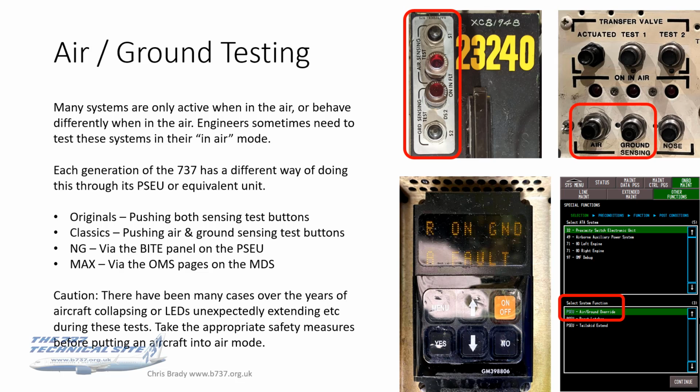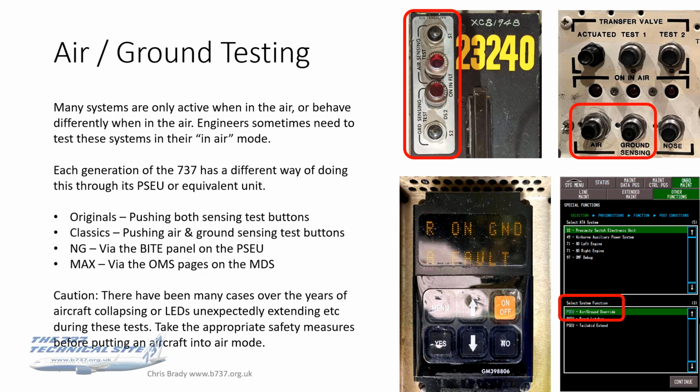So, on the originals, you did it by pressing both of those S1 and S2 sensing buttons. On the classics, it was similar. There was an air and ground sensing button down the bottom left of that E11 shelf. On the NGs, you do it via the bite panel on the PSEU. And on the Max, most civilized of all, you do it from the comfort of the flight deck using the air-ground override.